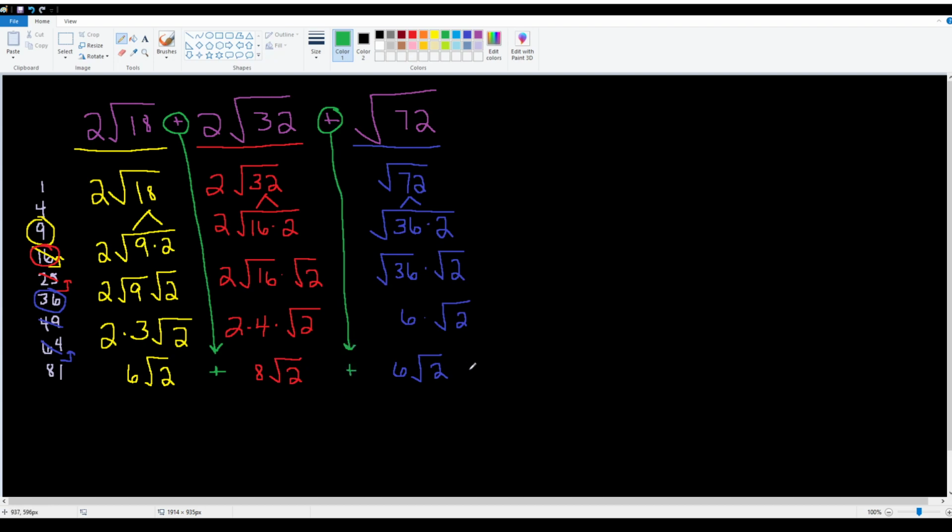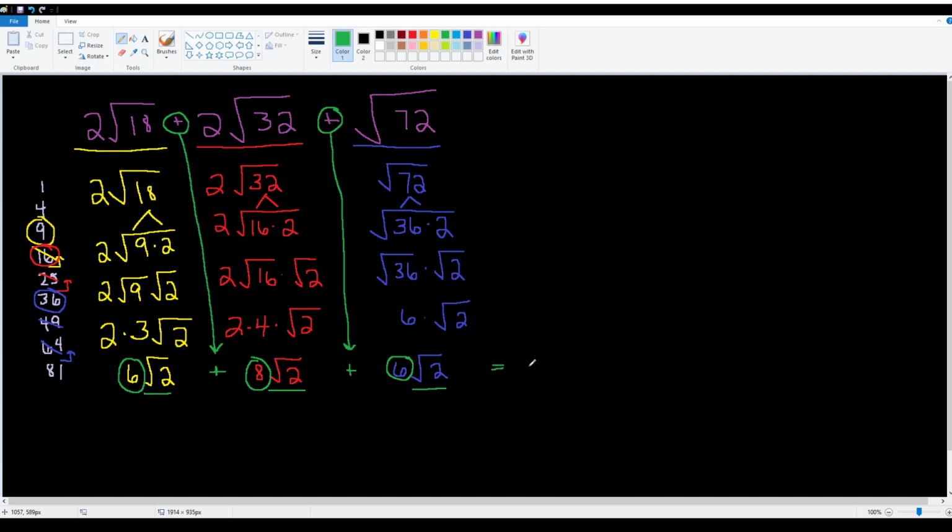And now I have a new simplified addition problem of 6 radical 2 plus 8 radical 2 plus 6 radical 2. And now I can say, well, all of my radicals are exactly the same, so that means I can take my coefficients and I can combine them.